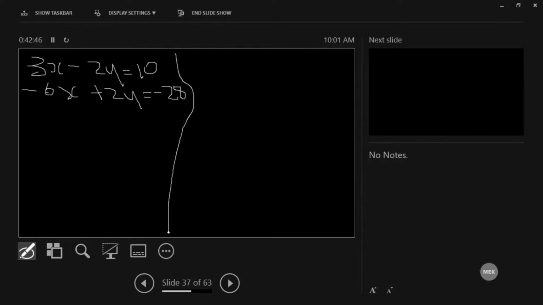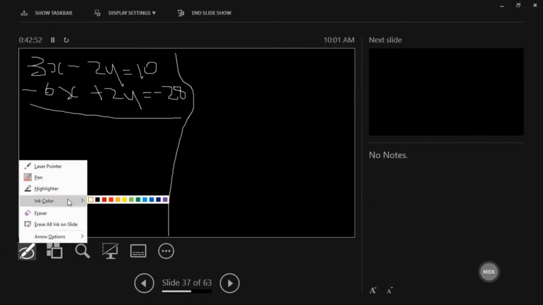So we have 3x minus 2y equals 10, and negative 6x plus 2y equals negative 28. That's the original equation, and we're going to put it now in matrix form.